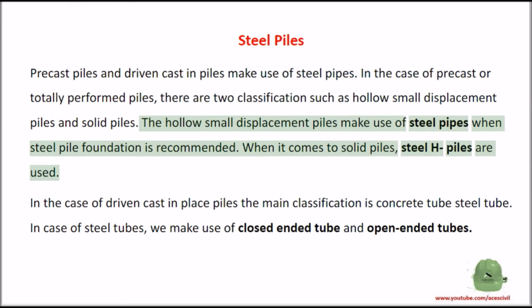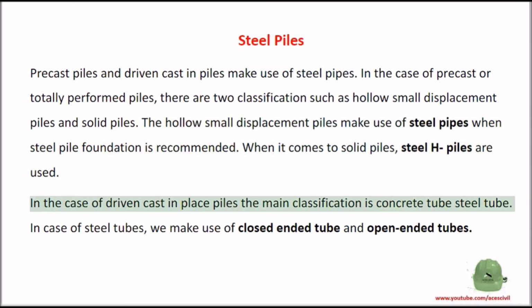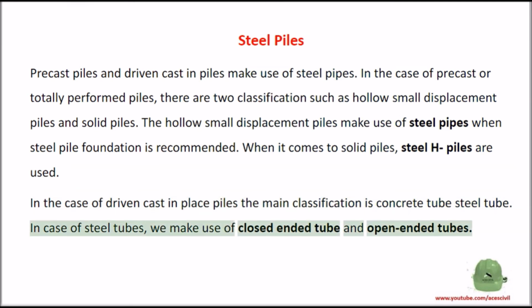When it comes to solid piles, steel H piles are used. In the case of driven cast-in-place piles, the main classification is concrete tube and steel tube. In case of steel tubes, we make use of closed-ended tubes and open-ended tubes.